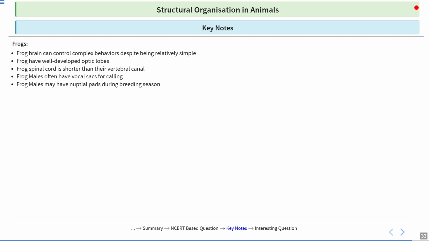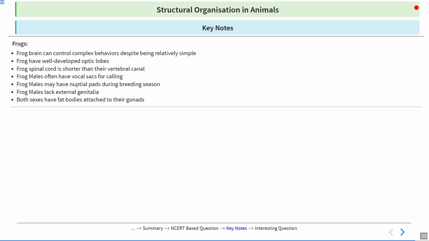Frog males have nuptial pads during the breeding season. This nuptial pad is the same as the copulatory pad. Frog males lack external genitalia. Both sexes have fat bodies attached to their gonads, that is, the fat bodies attached to the testes and ovaries, or you can say at the surface of the kidney.